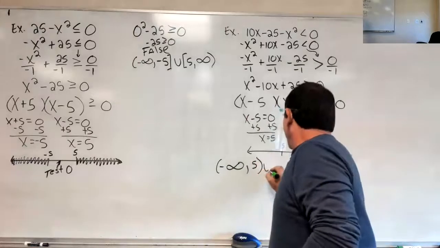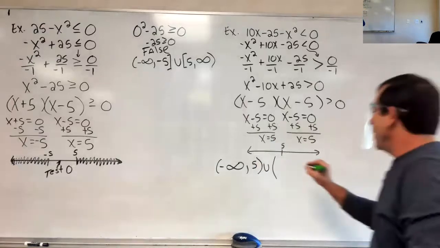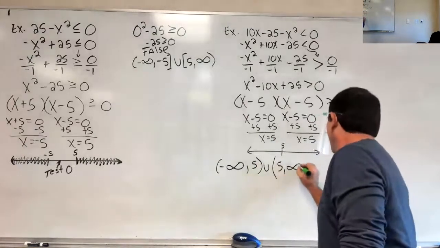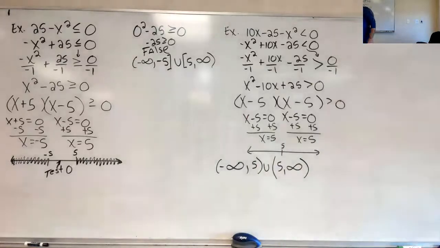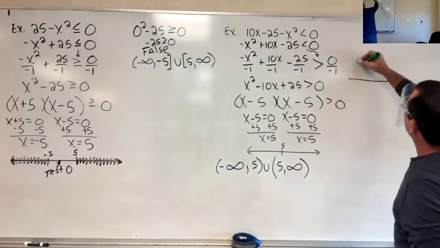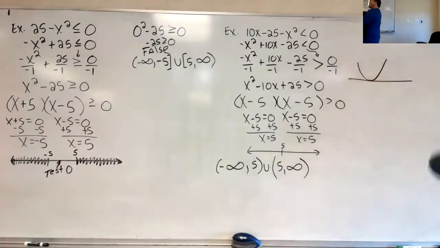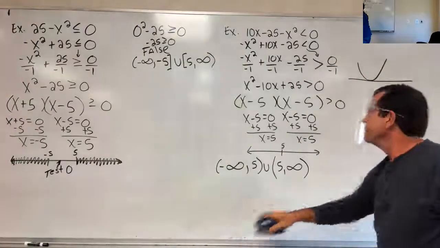And y'all, this one has no choice but to be curvy parentheses when you got the one answer, okay? Then 5 to infinity. What's happening on that one, if you got your x-axis, is that the parabola is just coming down and touching it instead of going through it, okay?